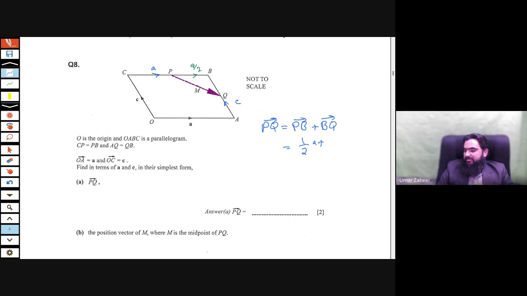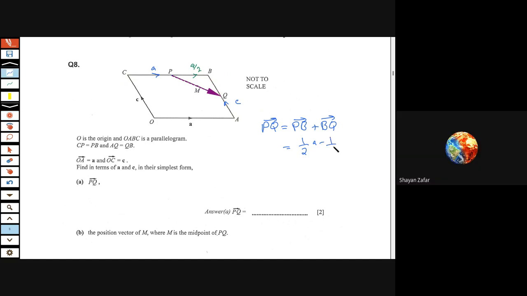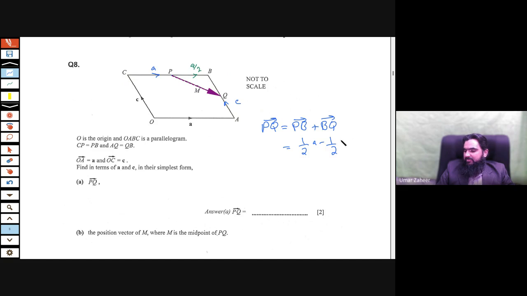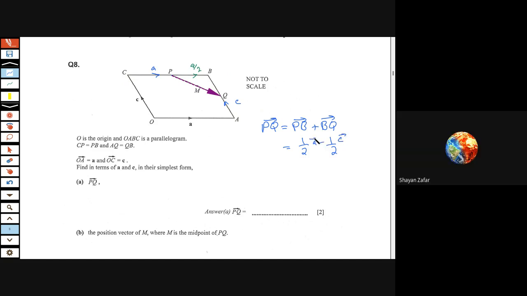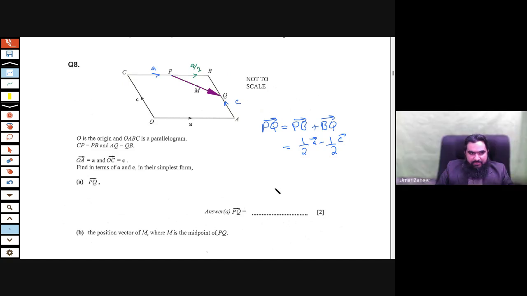So it will be minus half of C. Yes, any question up to here?